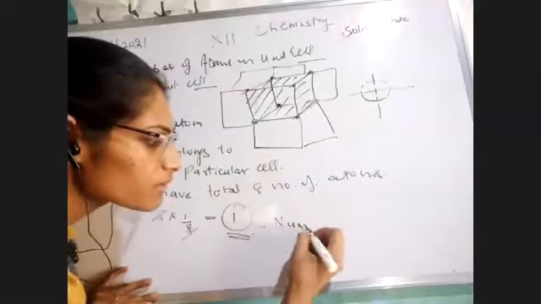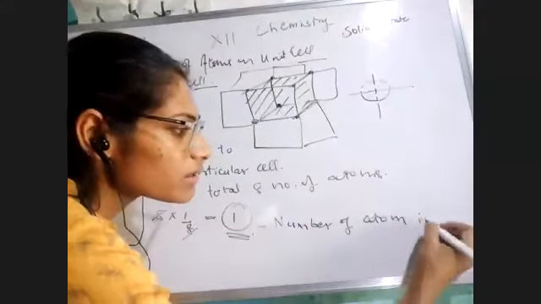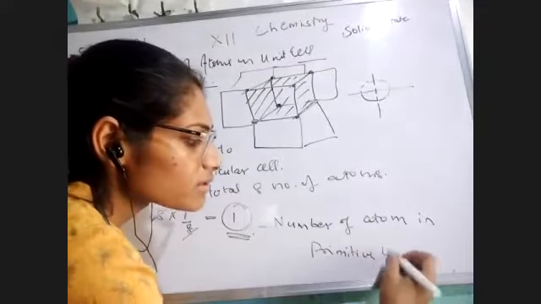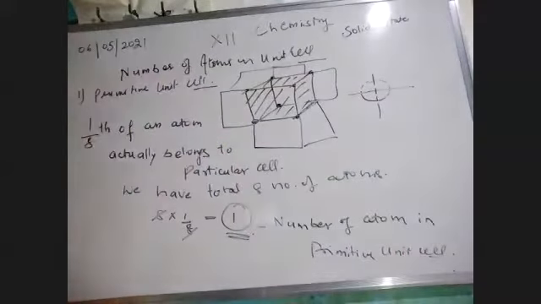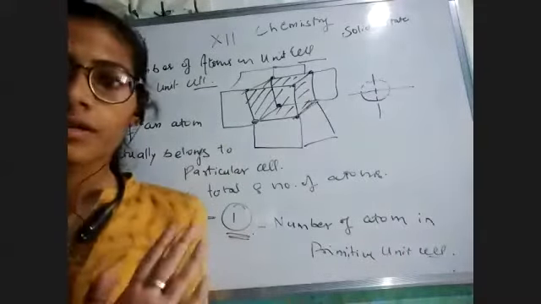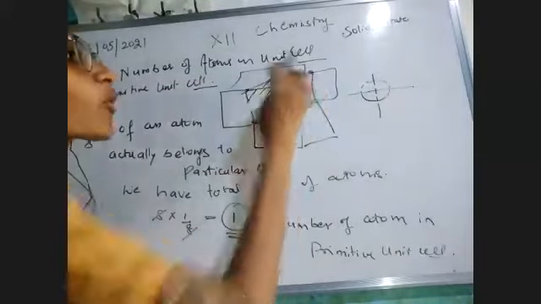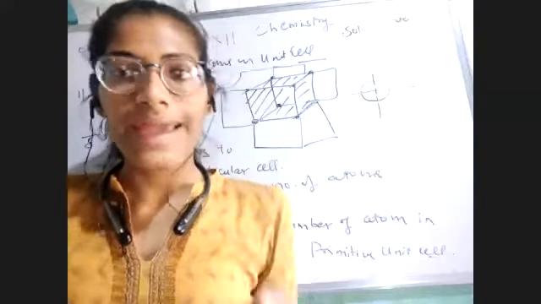Number of atoms in a primitive unit cell. See class, now you want to say, ma'am, this is a totally different concept, as we have seen that there are 8 different corners and you have said that each corner represents 8 different atoms.